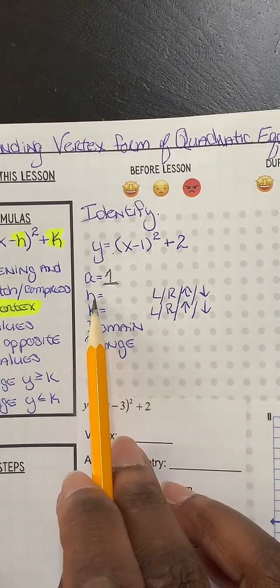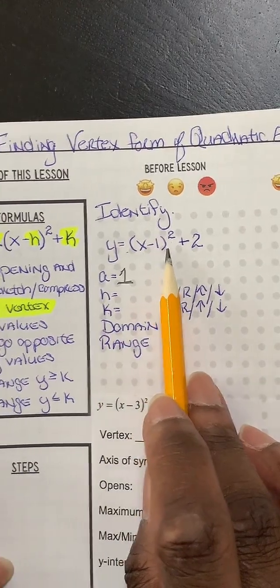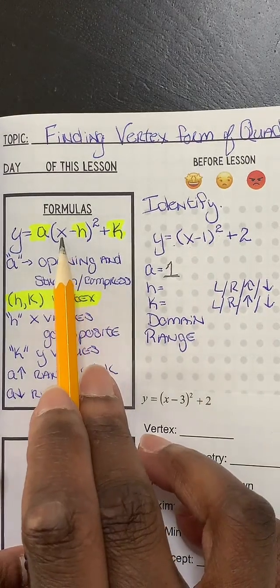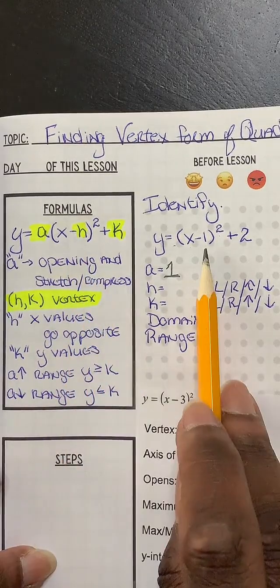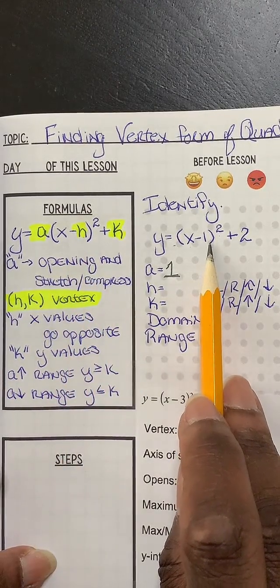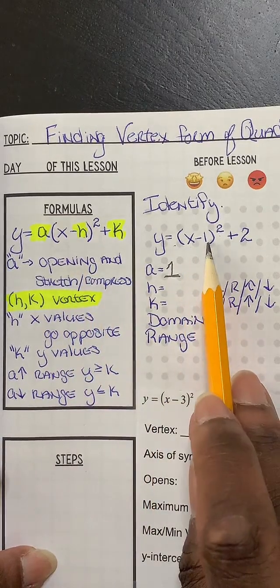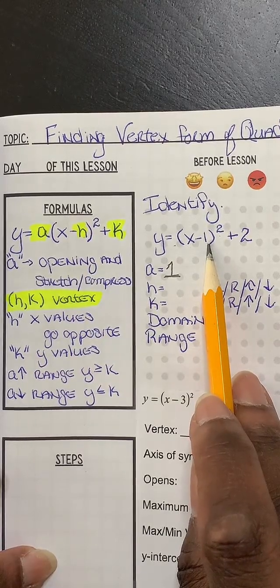Now, for my h and my k, the original formula says x minus h. So if I have a number that's keeping with that same formula, this number is actually going to be a positive number.